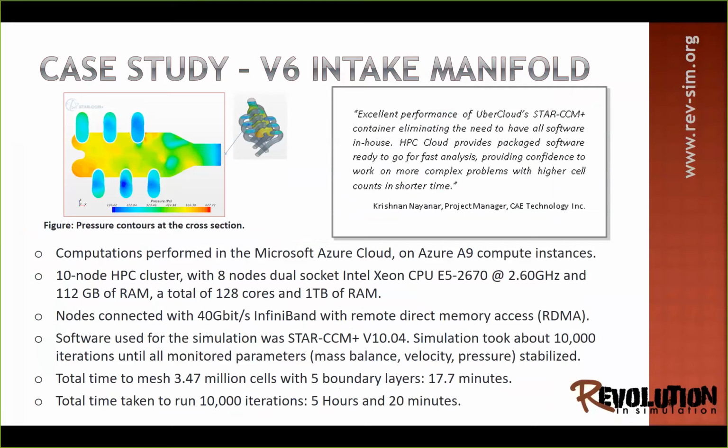There's a very nice quote from the engineer at CAE Technologies Incorporated, Krishnan Nayanar, and he says excellent performance of the Star-CCM+ container, eliminating the need to have all software in-house. And the HPC cloud provides packaged software ready to go for fast analysis and so on.